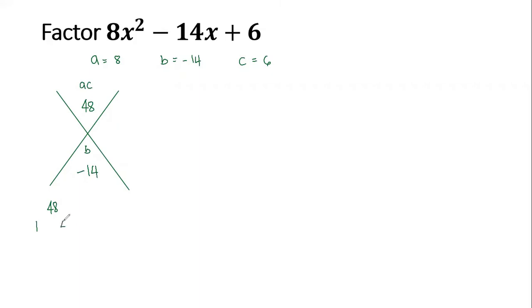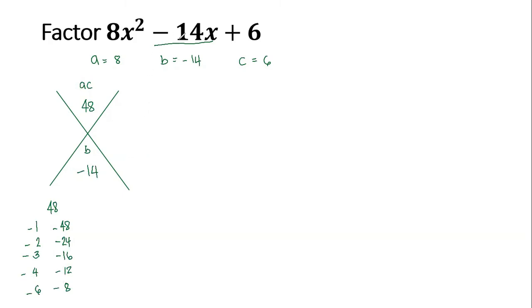So 1 times 48, that is 48. 2 times 24, that is 48. 3 times 16, 4 times 12, and 6 times 8. So since B right here is negative and the constant is positive, that means all of these should be negative, just like in our previous example.